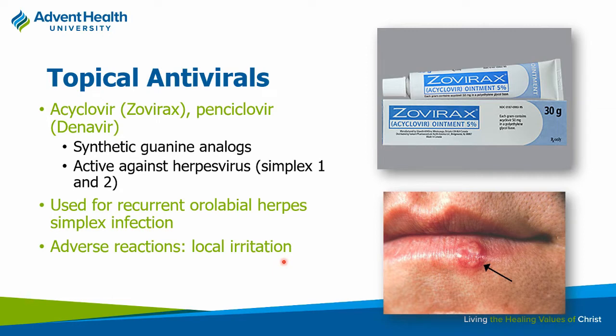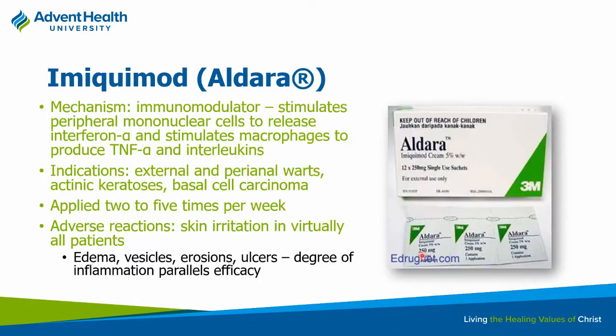When the virus tries to incorporate that into its DNA, it gets incorporated, but it doesn't have the sugar backbone on the DNA that it normally has, and so it can't produce any more DNA. So it basically stops the virus from producing its own DNA, which eventually leads to the virus's death. And so you typically see these used topically for things like cold sores. That can be useful from that standpoint.